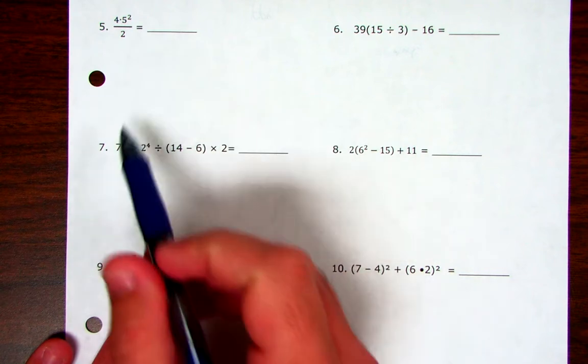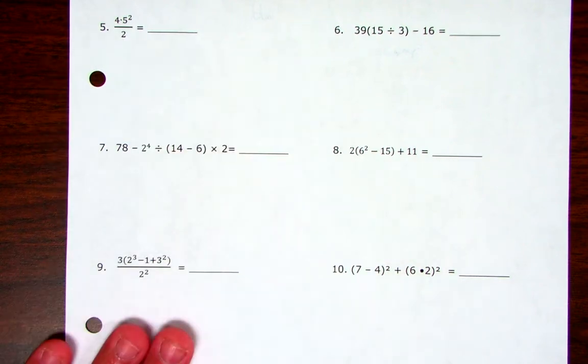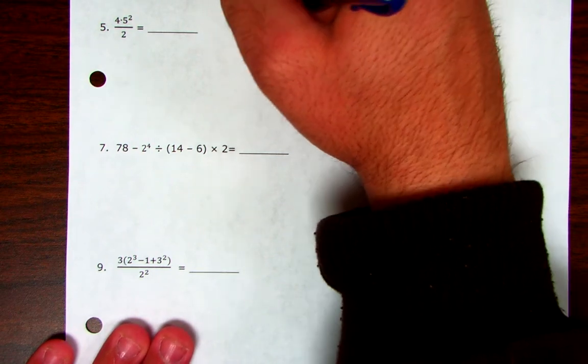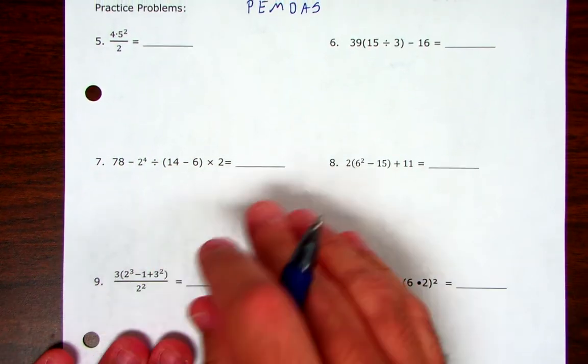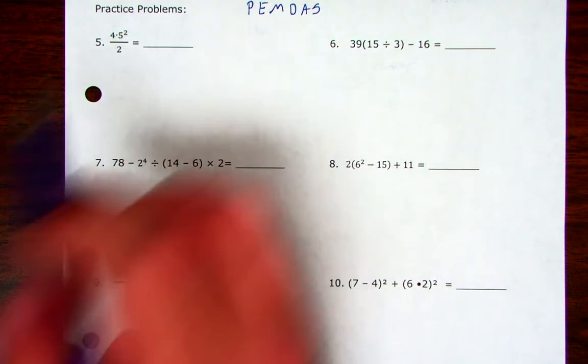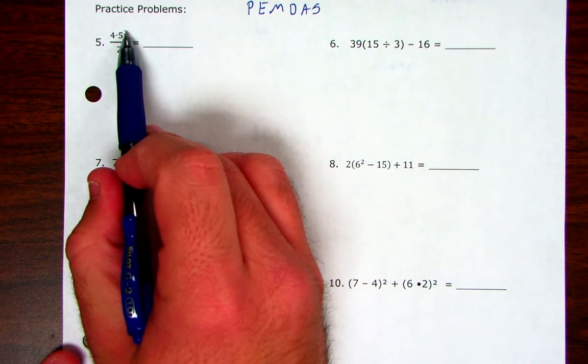Okay? Do you see any parentheses up top? No. So our P is now gone. I'm going to go ahead and write this, PEMDAS, up here. Okay, so there's no P for parentheses. What about E for exponents? Do y'all see any exponents? Well, yes, there are. There's exponents right here.